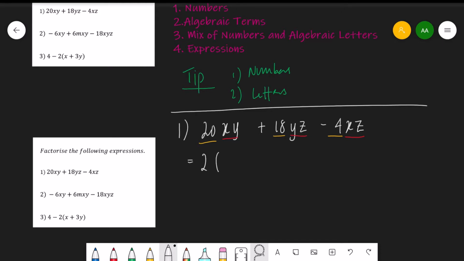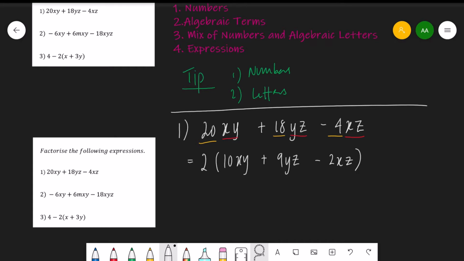So we extract 2 from 20, we are left with 10xy. The letters will remain since no letters are affected. This is 9yz minus 2xz. So it is actually possible to get such a question where only one number is common between them. Even though the expression is long, there could be only one common factor between them, like what we have seen here.